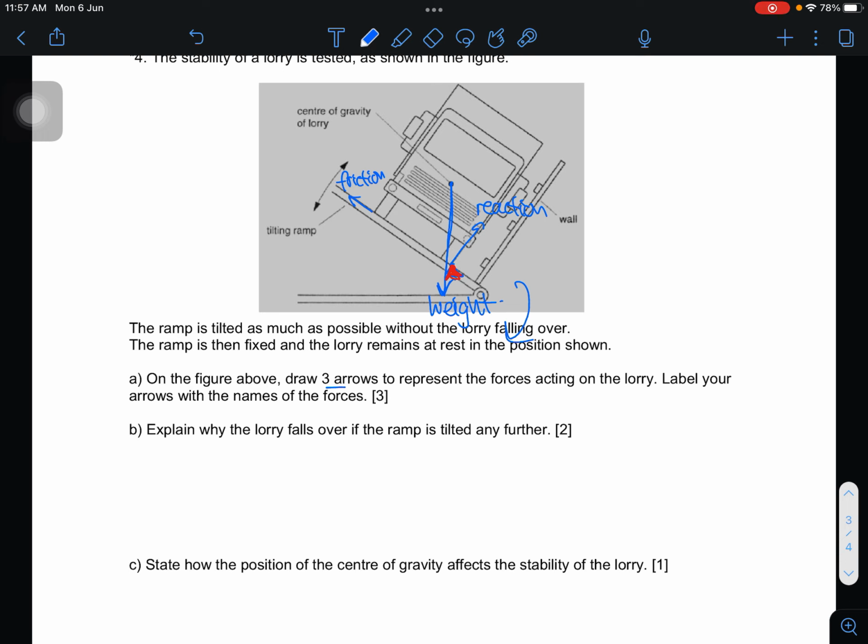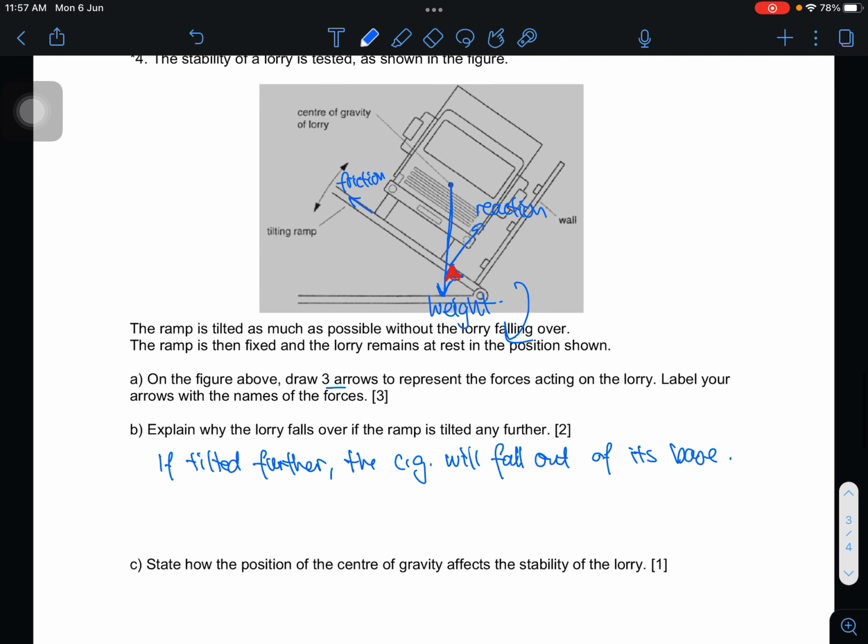So how are we going to explain? We just tell them that if tilted further, the CG will fall out of its base. This is one mark. The second mark, so what if it is out of its base?